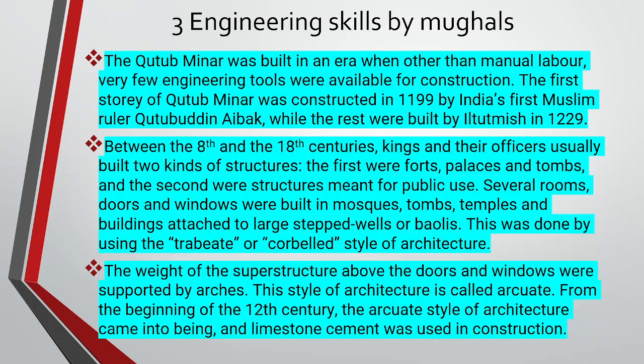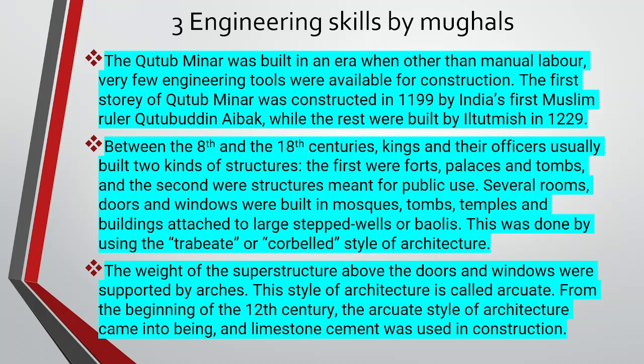Second, between the 8th and the 18th centuries, kings and their officers usually built two kinds of structures. The first were forts, palaces and tombs, and the second were structures meant for public use.